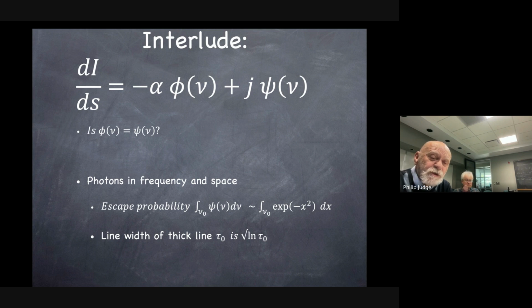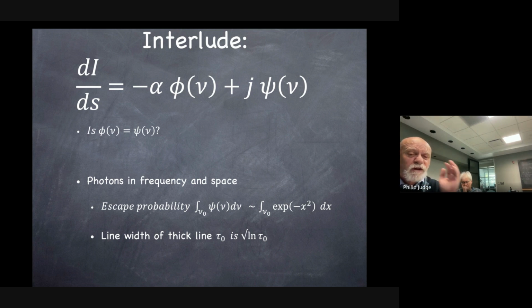And we're saying psi nu equals phi nu. And we're going to say, let's for once just make it so that it is the same function. What does that mean? It means that if a photon is absorbed at frequency nu, with probability given by phi, the chance that it is emitted at that same frequency is phi.